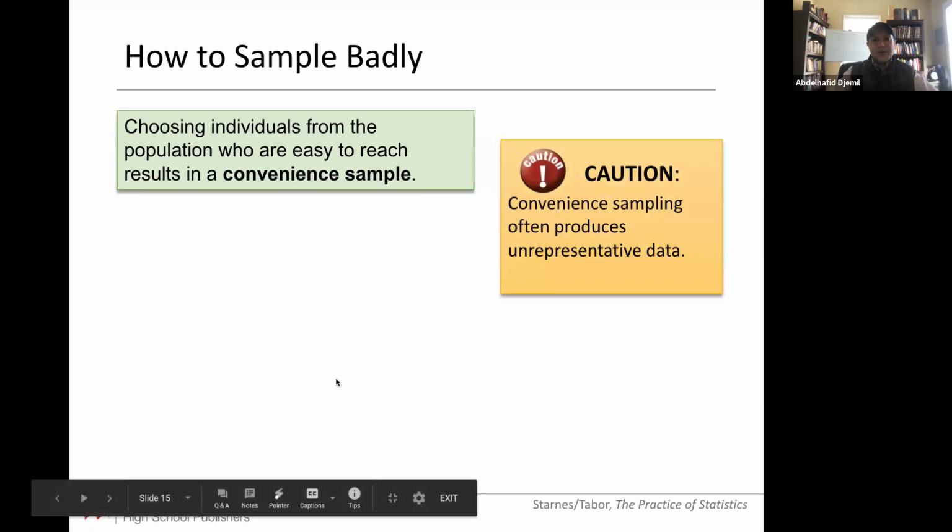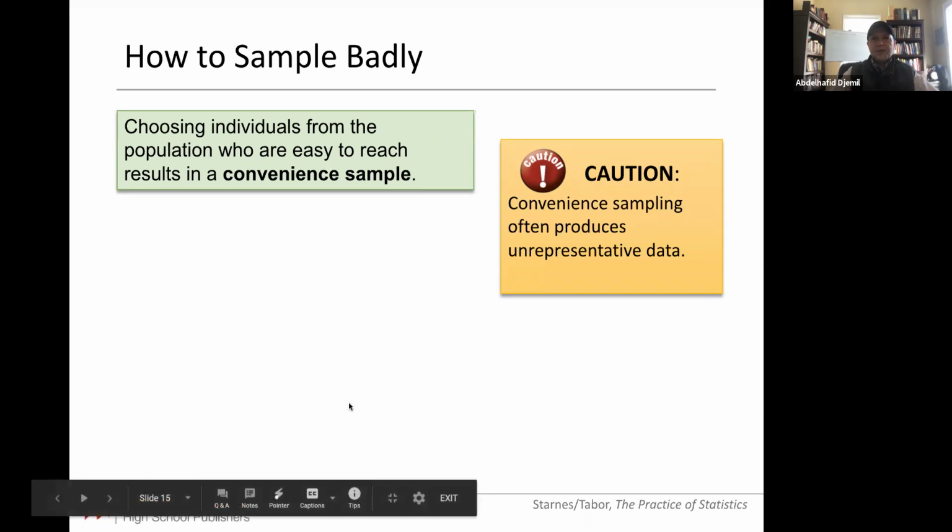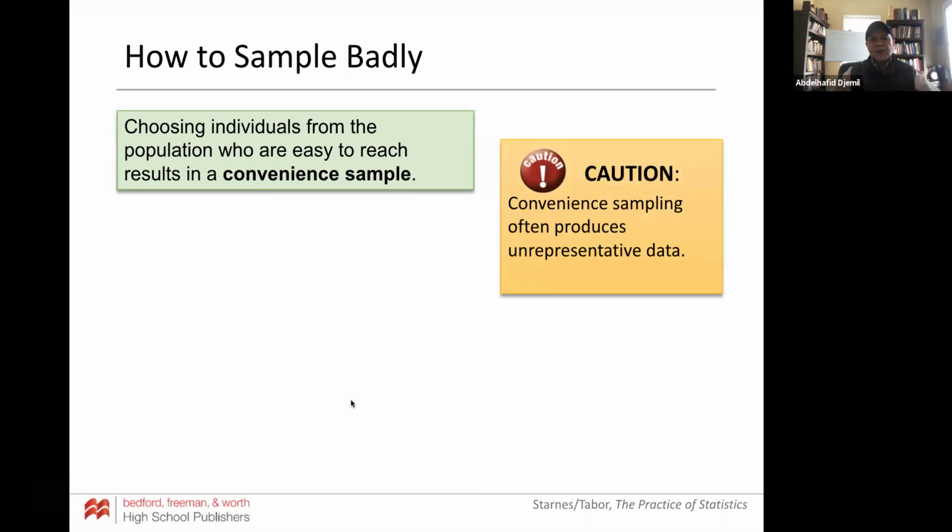It represents your family, probably, or your friends, the collective of your friends, but it does not represent the neighborhood because you did not ask anyone outside of those who are convenient to you. So it produces unrepresentative data. When we have unrepresentative data, that means the data does not represent the whole population that we want to study. It represents only a portion. It represents the sample itself.